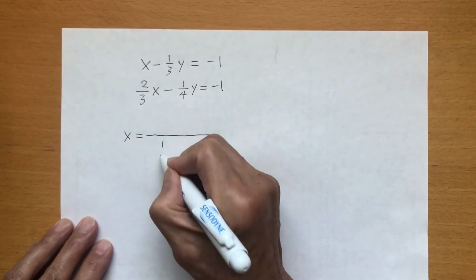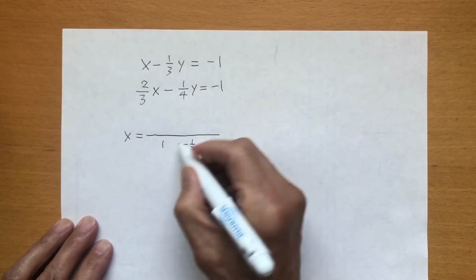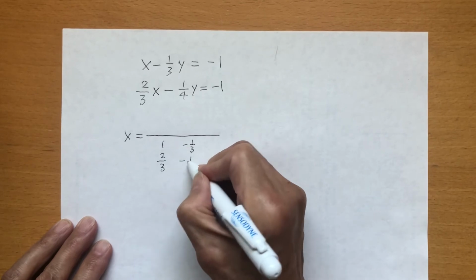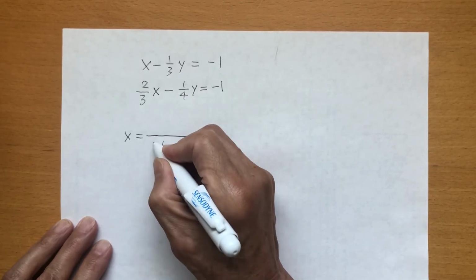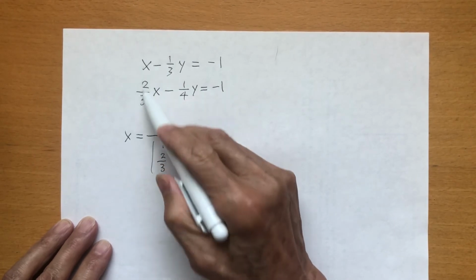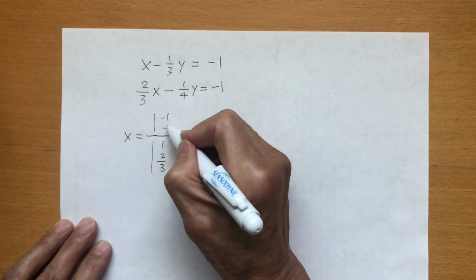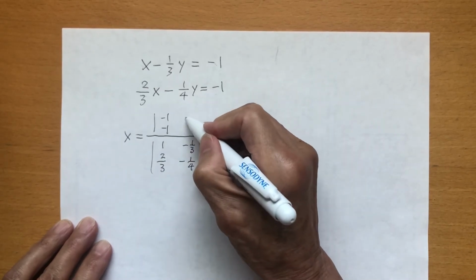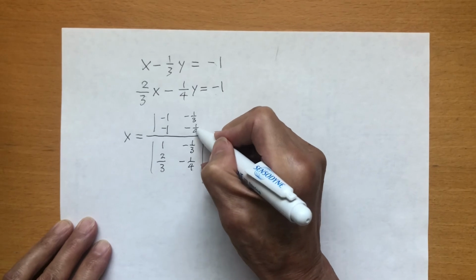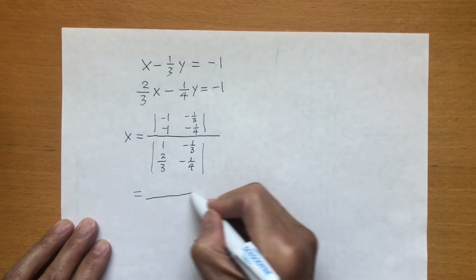So 1, negative 1/3, 2/3, negative 1/4. All right, and then replace these two numbers by these two. So I have negative 1, negative 1, negative 1/3, negative 1/4. So that's my x. So let's do that.